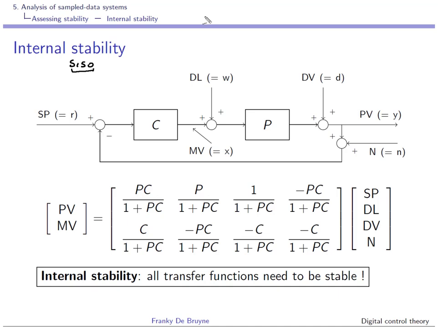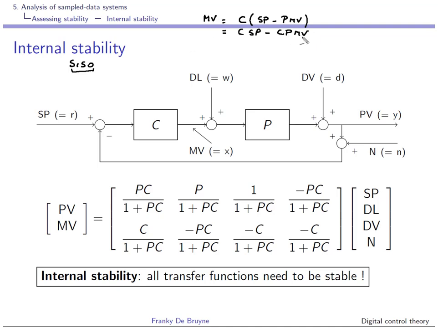Okay, so for instance, if we look at the relation between MV and SP, so this transfer function here, you put all the other inputs to 0, and you can see here that MV is C acting on SP minus PMV, right? So this is CSP minus CPMV.